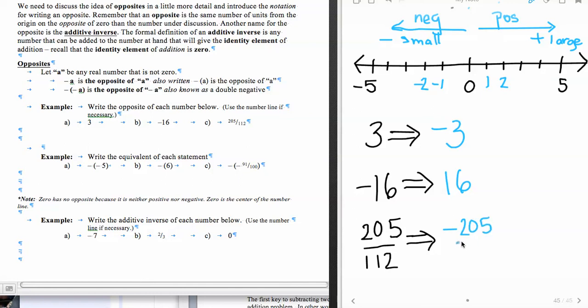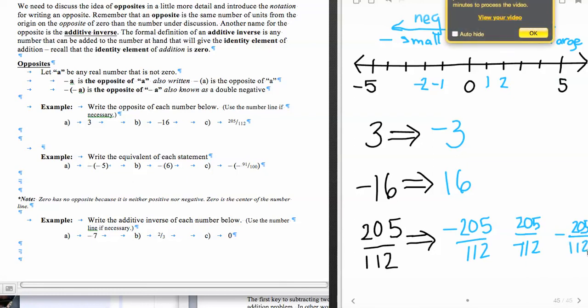Now it's worth noting here that I can put this negative sign in either the numerator, or I could put it down here in the denominator, or equally as good, I can just put it out in front of the entire fraction, and it doesn't matter in any of those which it is. It's still read as the opposite, so we don't have to worry about where that gets attached.